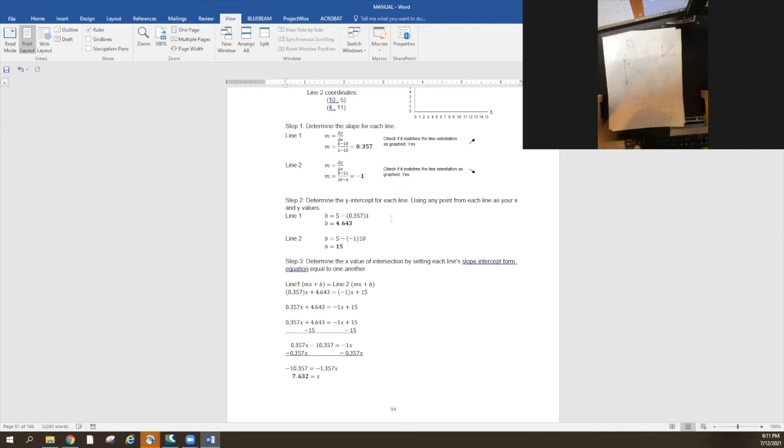Step 2, find y-intercepts. Step 3, determine the value of intersection. I'm going to determine the X value of this point right here by setting each line's slope-intercept form equal to one another.